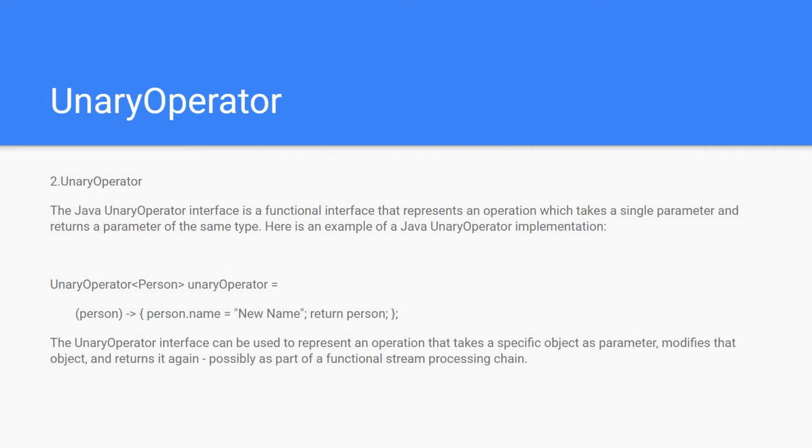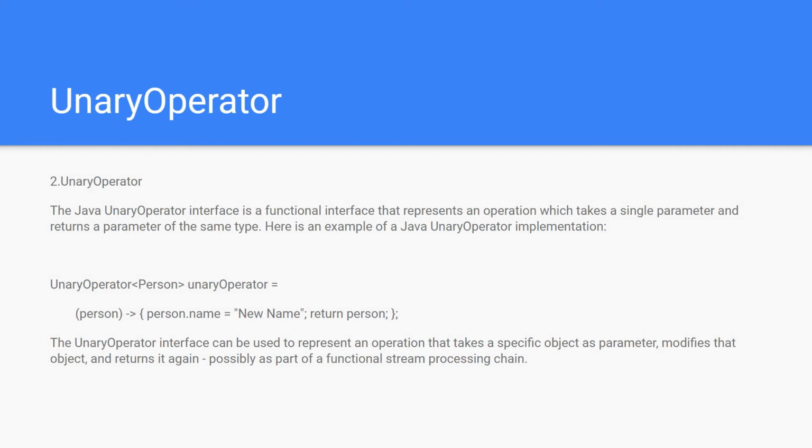UnaryOperator. The Java UnaryOperator interface is a functional interface that represents an operation which takes a single parameter and returns a parameter of the same type.